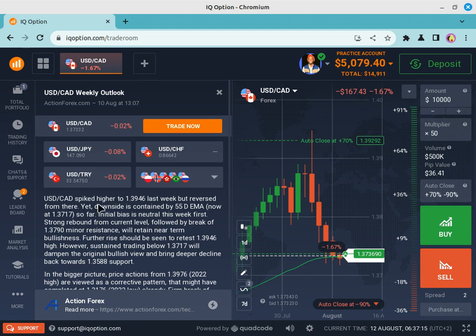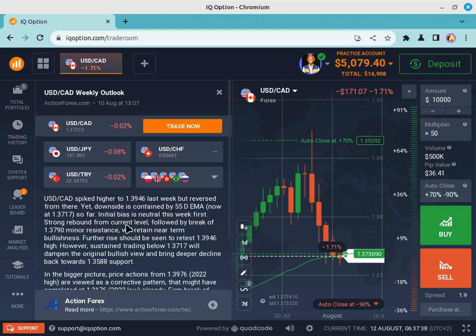USD/CAD spiked higher to 1.3946 last week, but reversed from there. Yet, downside is contained by the 55D EMA, now at 1.3717. So far, initial bias is neutral this week.